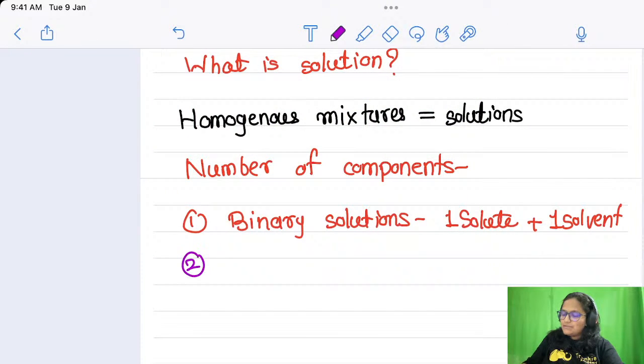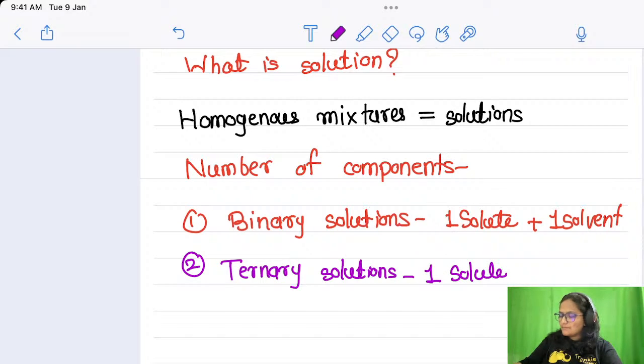The second type of solution is the ternary solutions. Ternary solutions will have one solute plus 2 solvents, or 2 solutes plus 1 solvent.